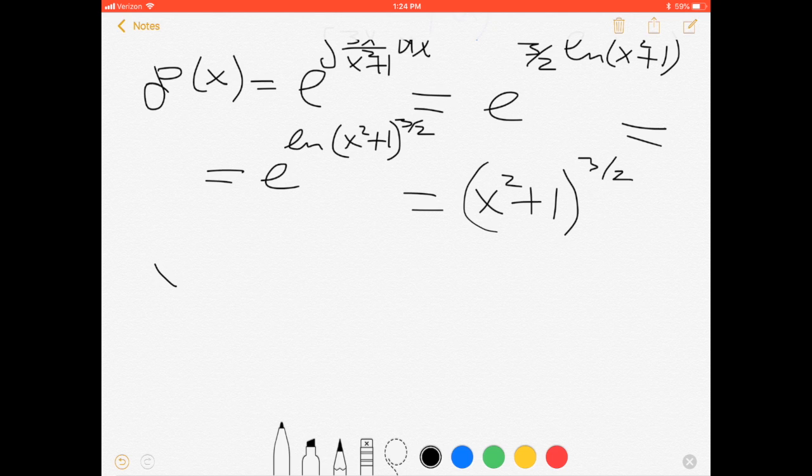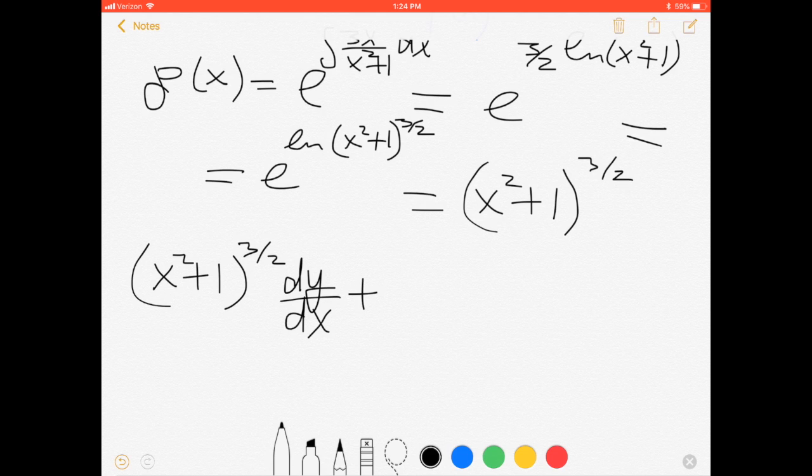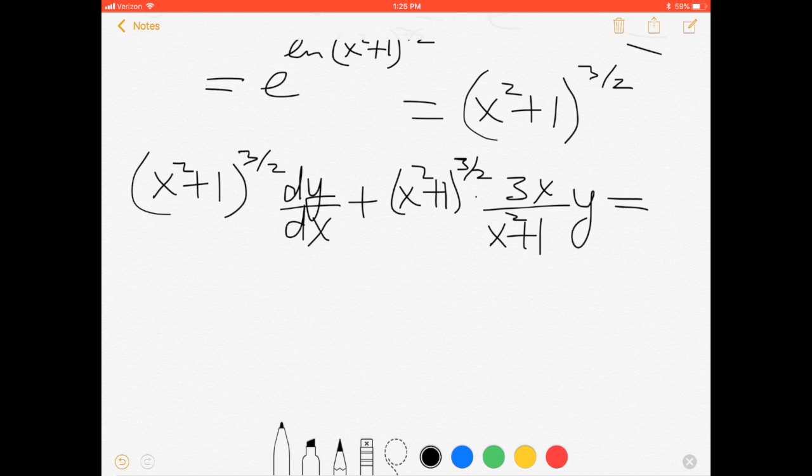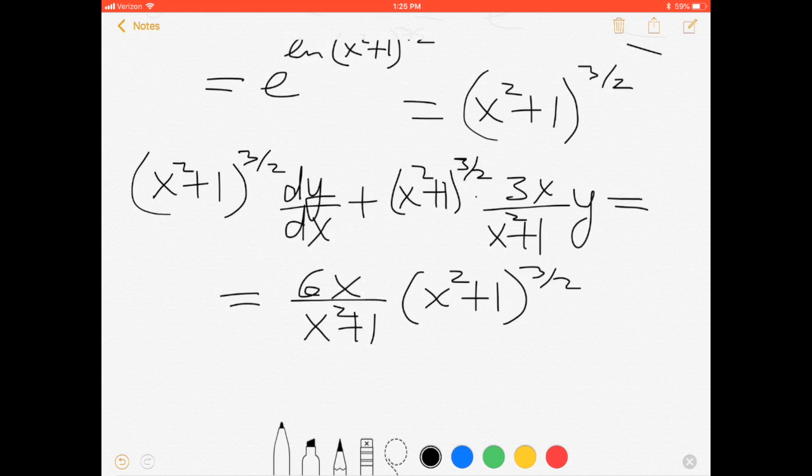What do we have now? We have (x squared plus 1) to the 3 halves power dy/dx plus (x squared plus 1) to the 3 halves power times 3x over (x squared plus 1) times y equals 6x over (x squared plus 1) times (x squared plus 1) to the 3 halves power.